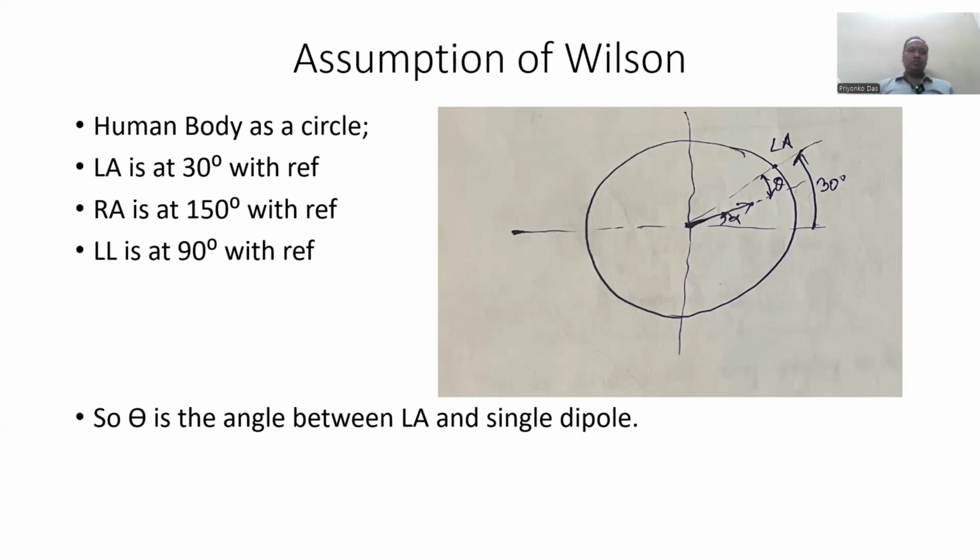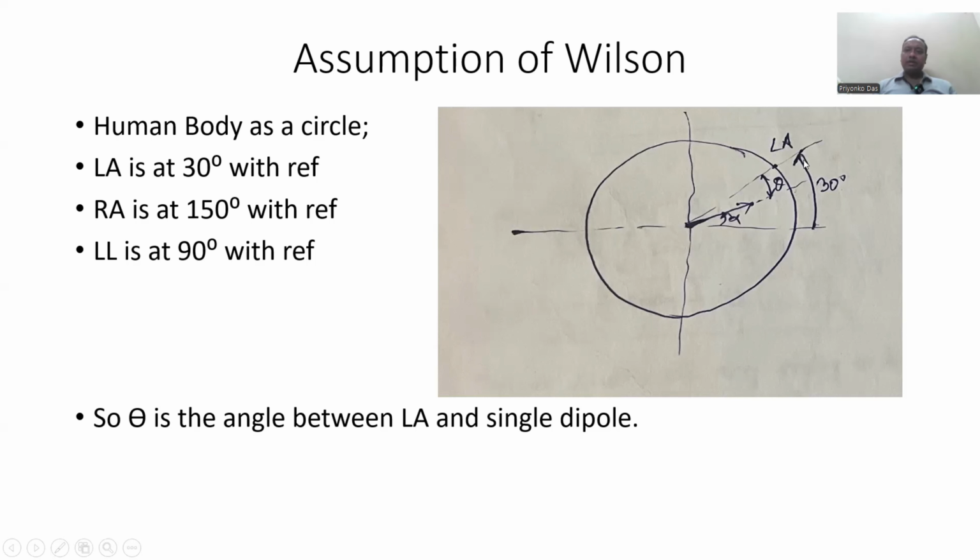Now over here, this is the dipole acting at an angle alpha with respect to the horizontal direction. Alpha is the angle between the reference direction and the dipole direction, as per Wilson.